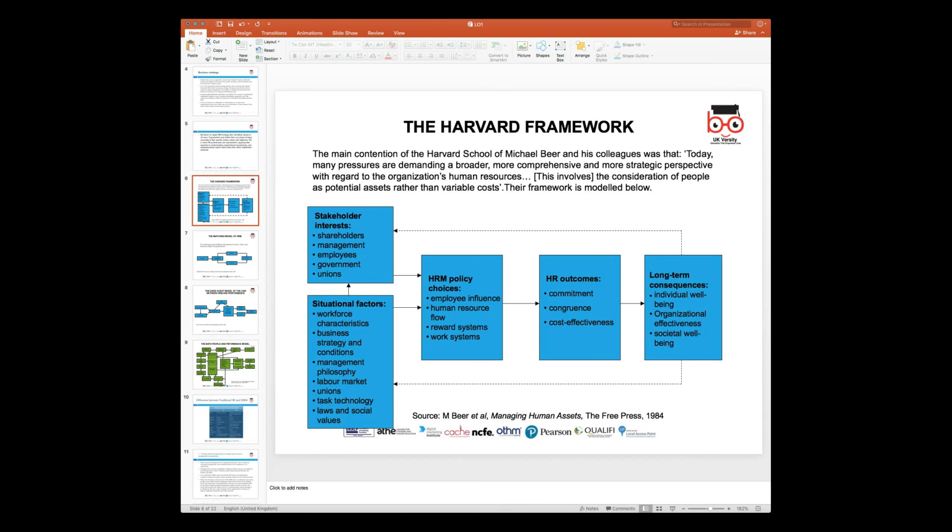He looked at stakeholders' interests, and situational factors, which could be internal or external. Then he looked at marrying them with the HR policies, what outcomes they can generate, and what could be the long-term consequences of these strategies for the organization.